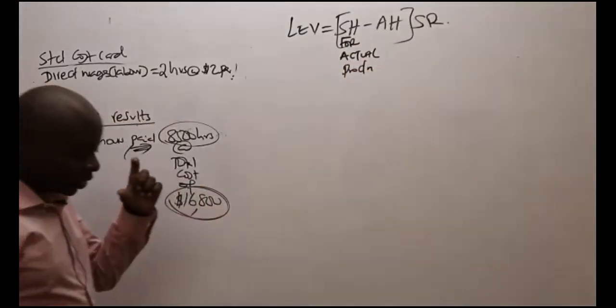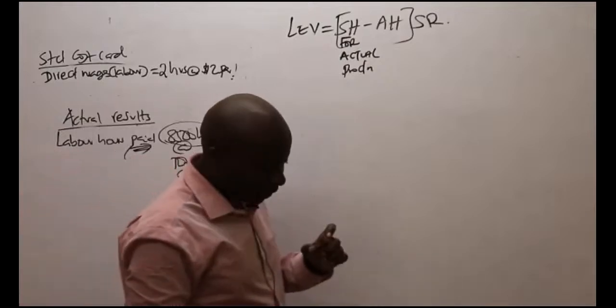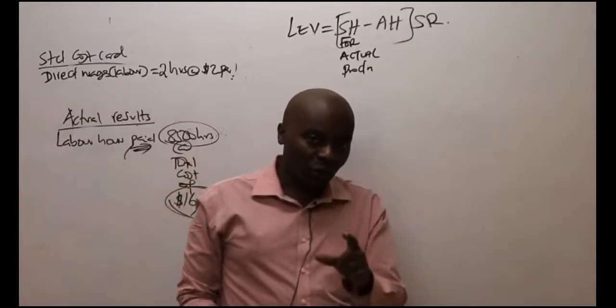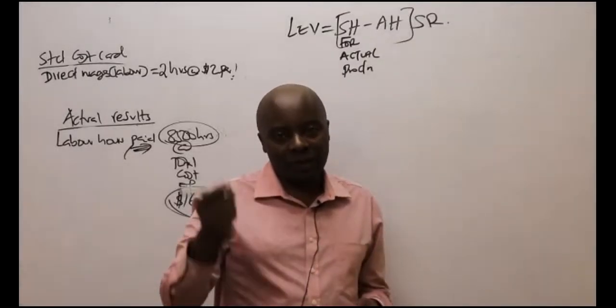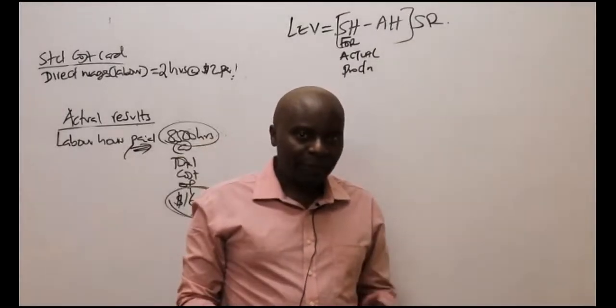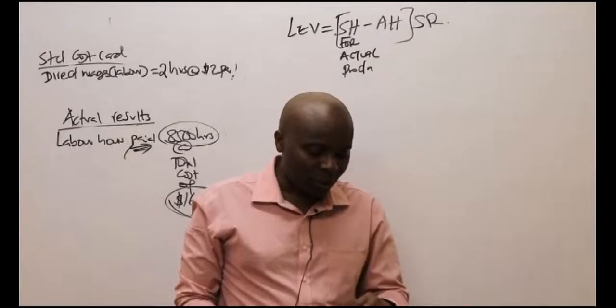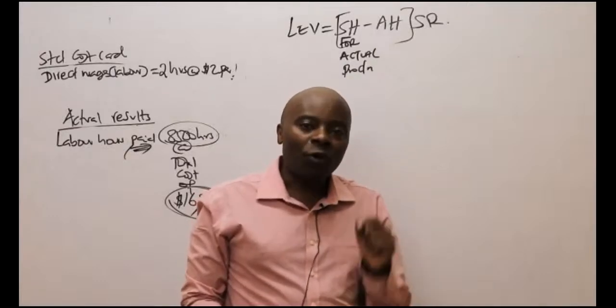Just like capital SQ, there are two themes that if you understand very well, you can never go wrong in this subject. We have capital SQ, standard quantity for actual production, and capital SH, standard hours for actual production.